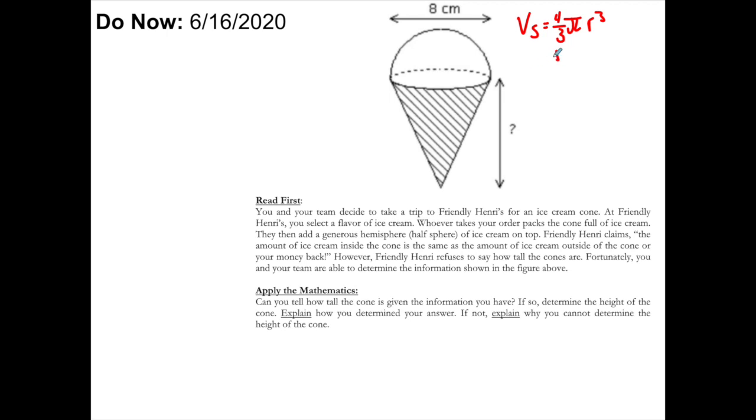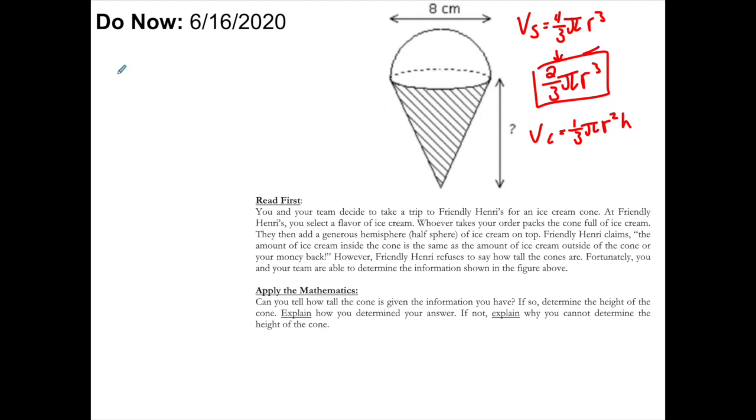So what we need to do is turn this into, instead of 4/3, 2/3 pi r cubed, because it's half of this. Then we have the volume of a cone, and that is 1/3 pi r squared height. In other words, a third of a cylinder with the same base and height.